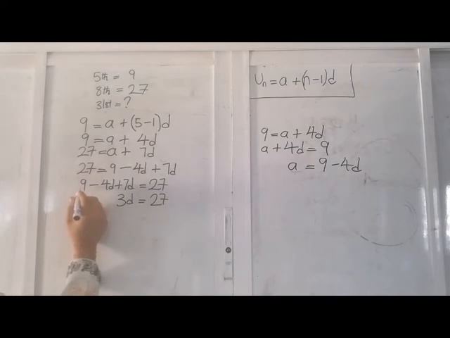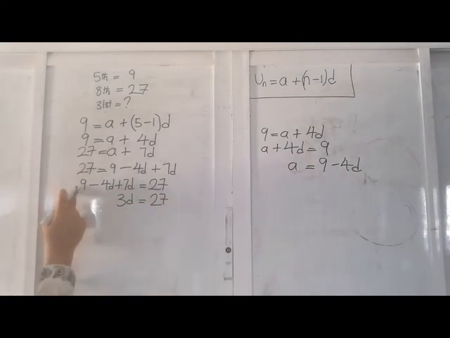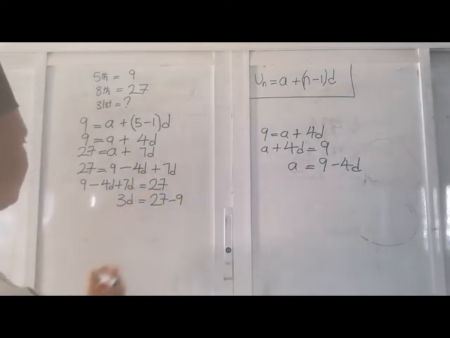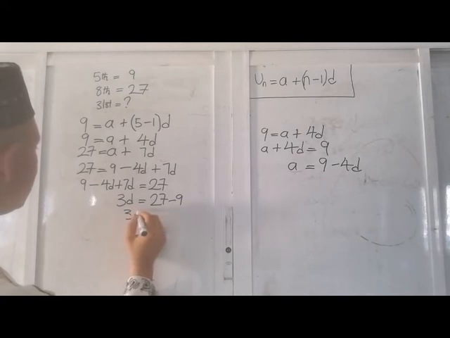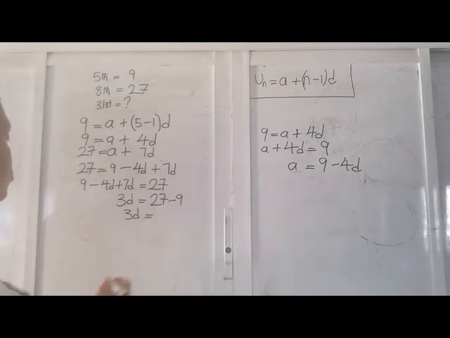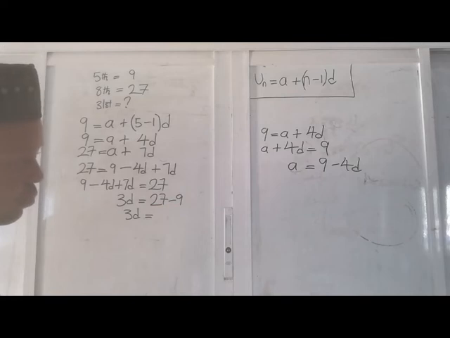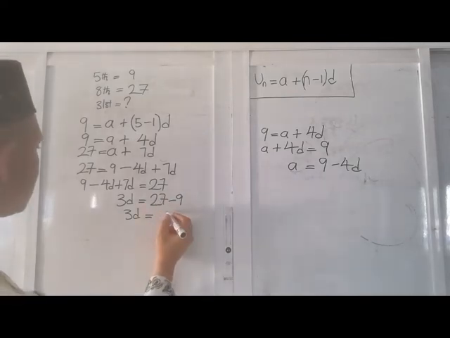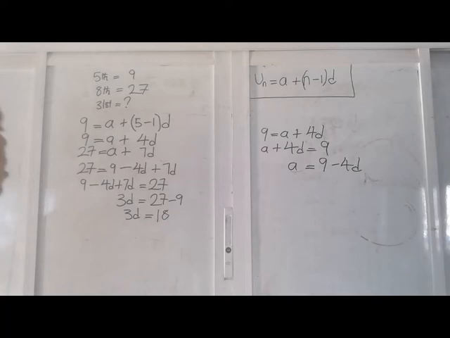This 9 will cross over. Remember, this 9 has no sign in front of it. It means that it is a positive number. So when it crosses over, it becomes a negative number. So that we'll now have 3D equal to 27 minus 9, which will give us 18.